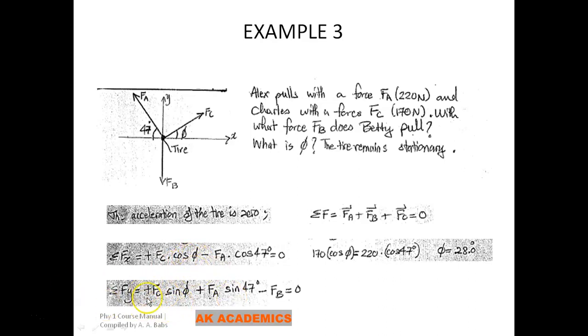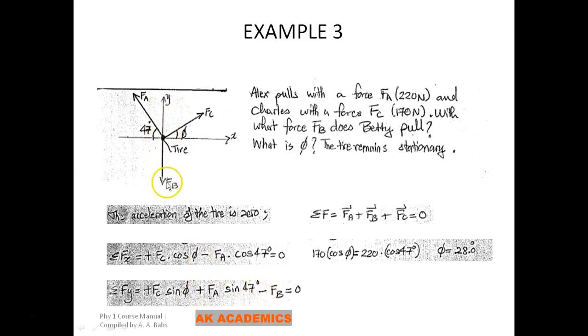So for the vertical component, we have Fc sine phi plus Fa sine 47. The reason Fa is now positive, while initially on the horizontal it is negative, is that when you convert Fa to vertical, you're going to be on the positive y-axis, so you have plus Fa sine 47.